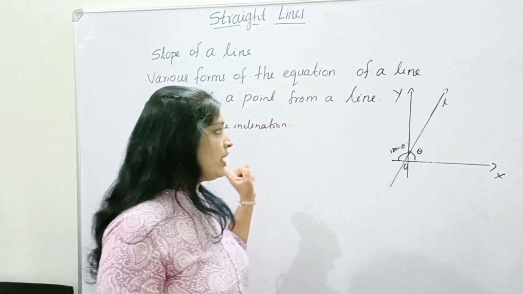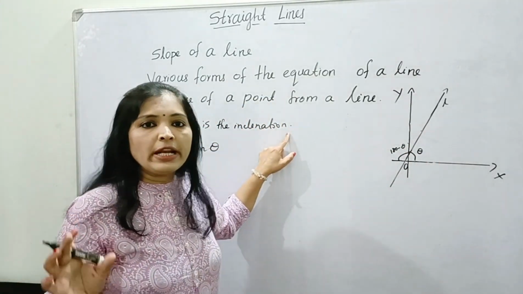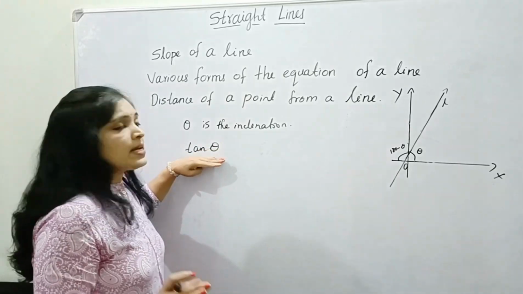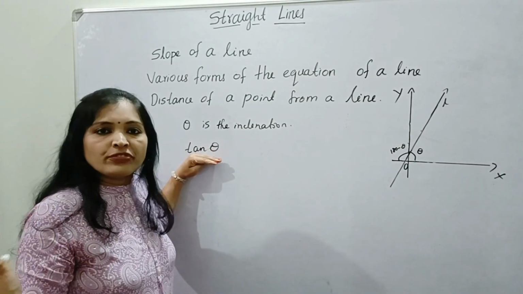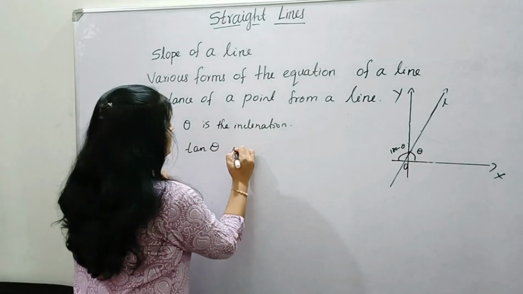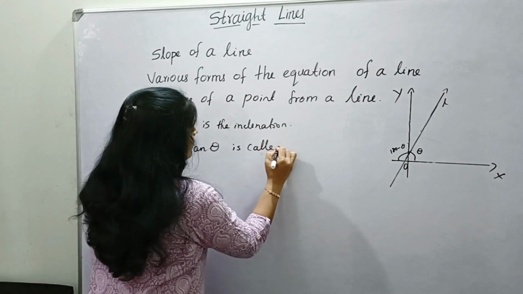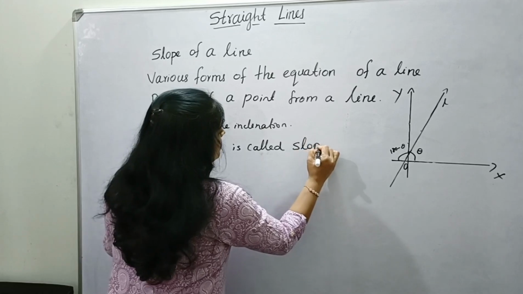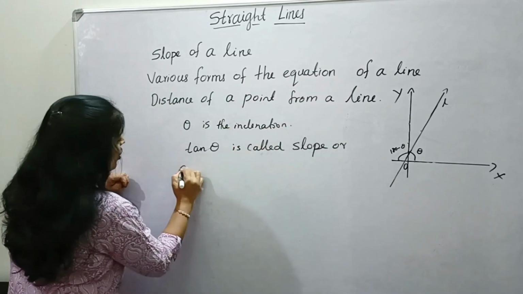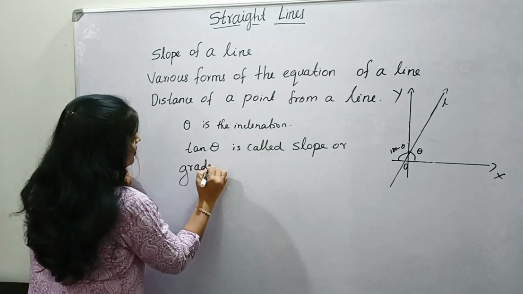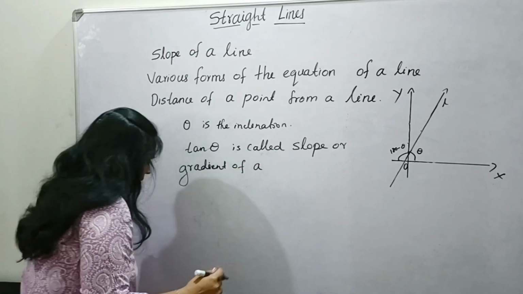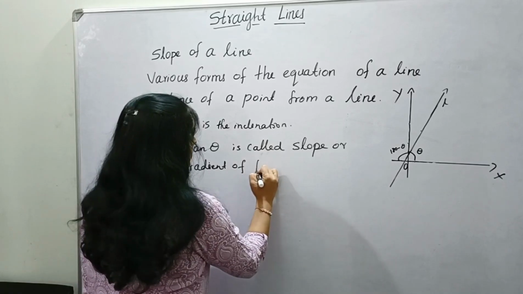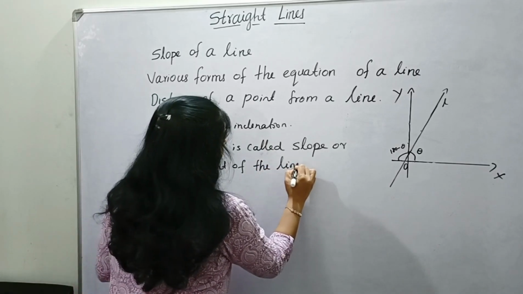So if theta is the inclination of the line, then tan theta is called the slope, or gradient, of the line L.